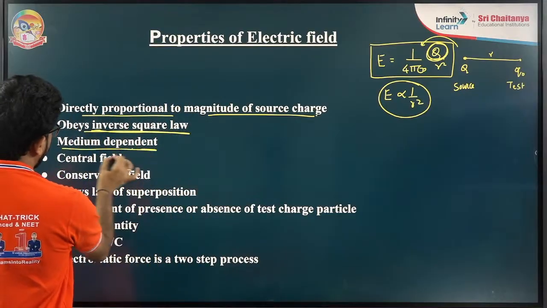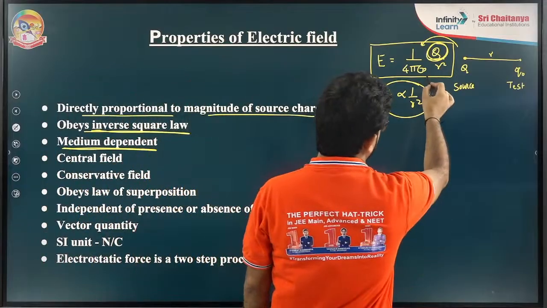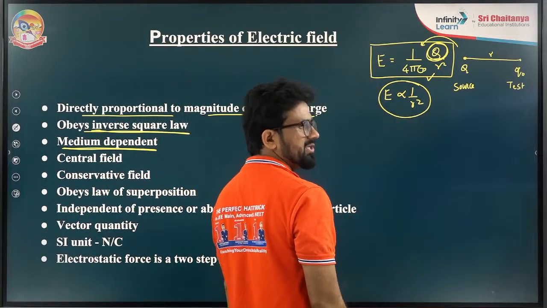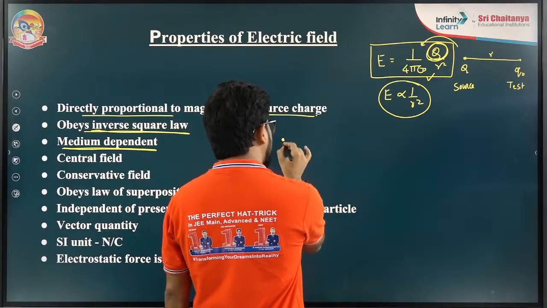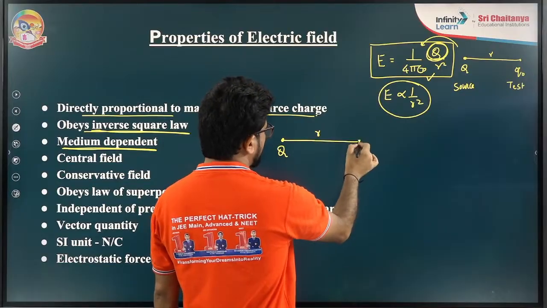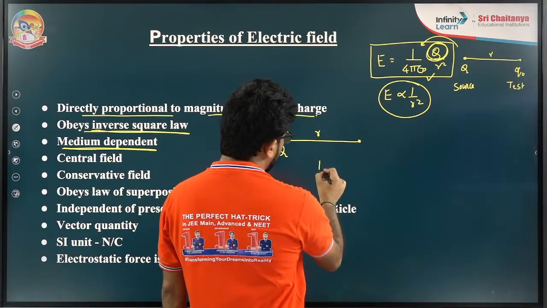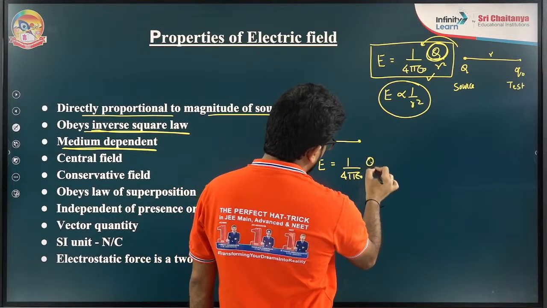Next, it is medium dependent, just like Coulomb's law. If you change the medium, the field will also change. I am just repeating again. Suppose there is a charge q at distance r, and at this point I want to write the field. The field is equal to 1 by 4 pi epsilon naught q by r square.